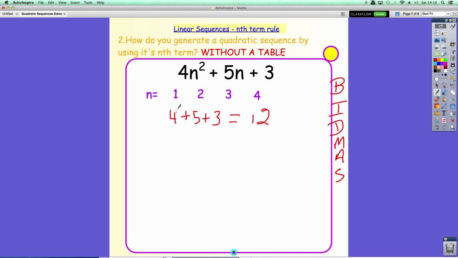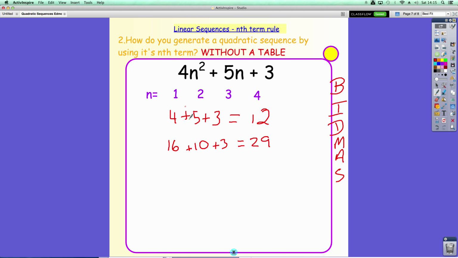So I'm writing my working out, but essentially this is the sort of working that you would do in your head. So you then do, when n is 2, 2 squared is 4, 4 times 4 is 16. Then you do 5 times 2 is 10, and then add your 3. So 16 plus 10, 26 plus 3 is 29.